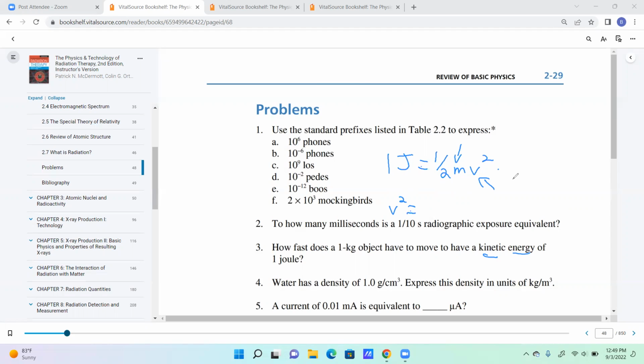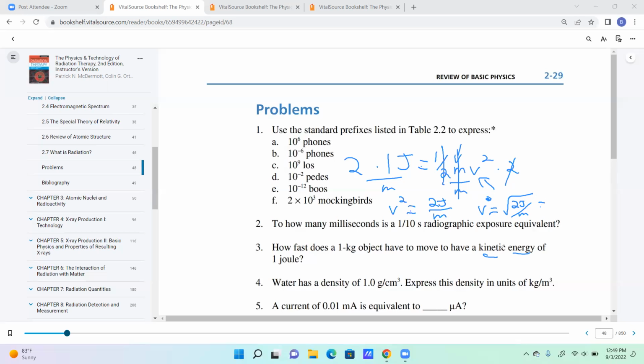If I multiply by 2 on both sides, and divide both sides by m, all we're left with is v squared, which equals 2 joules divided by m. This also means that velocity is going to be equal to the square root of 2 joules divided by the mass.